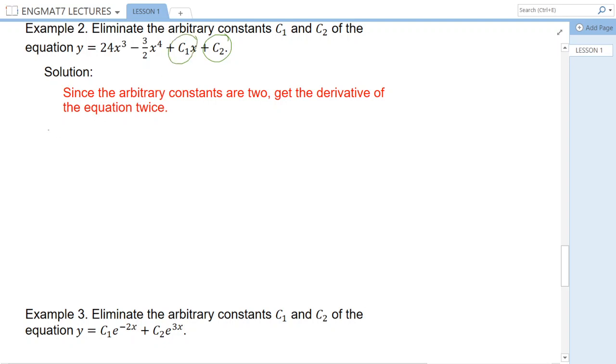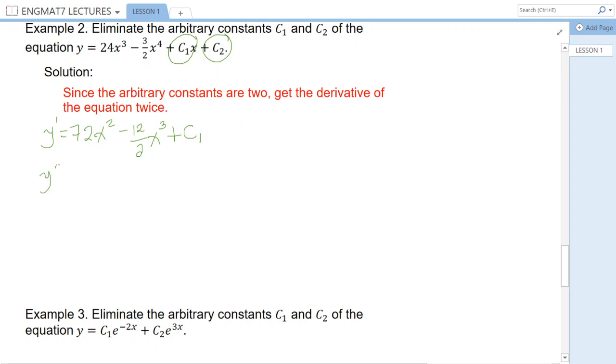Getting the first derivative: y prime equals 24 times 3, that is 72, x raised to 3 minus 1, that is 2, minus 3 halves multiplied by 4, that is 6, x raised to 4 minus 1, that is 3, plus c1 plus 0. That is the first derivative.